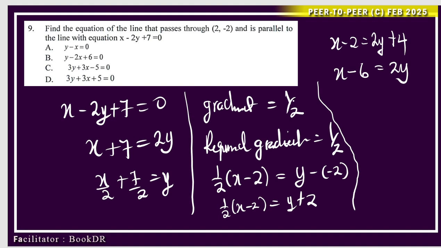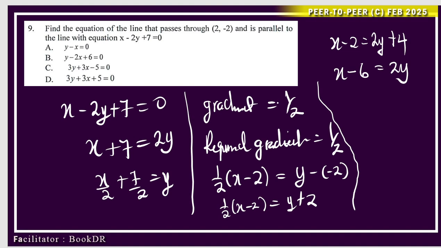So let's see whether you have that option there. We have y minus 2x plus 6. Let's see whether we've missed something out. y minus x is equal to 0. 3y plus 3, no. So the correct answer is also not provided.